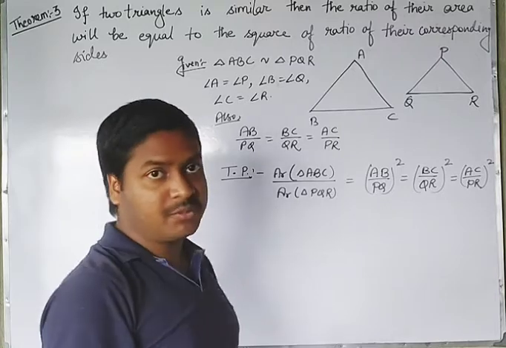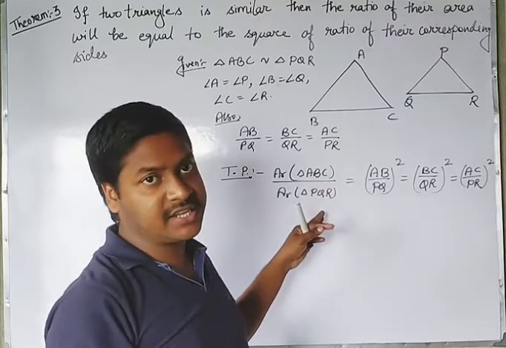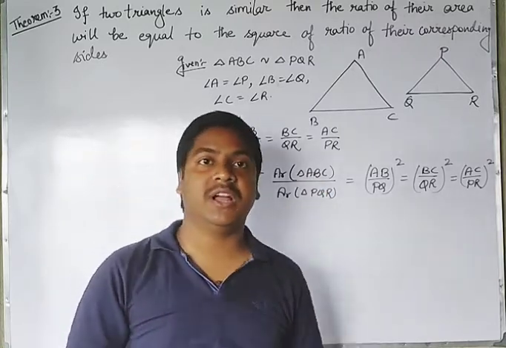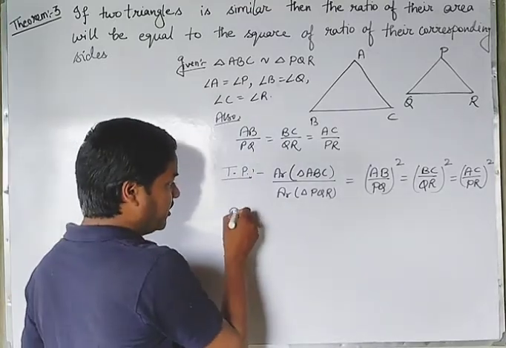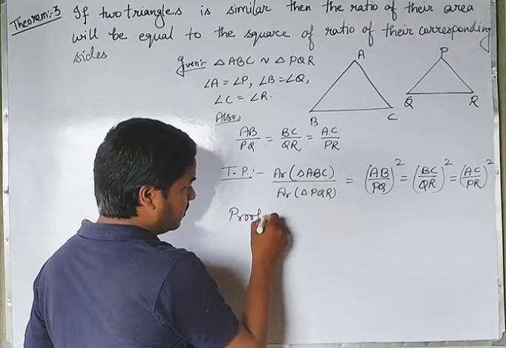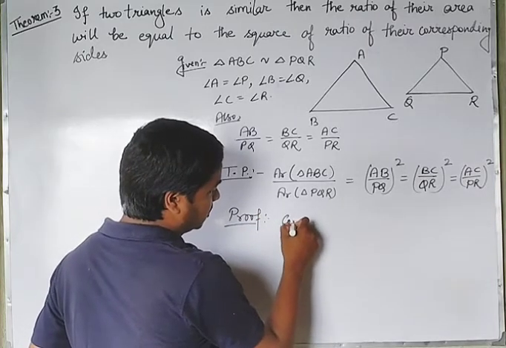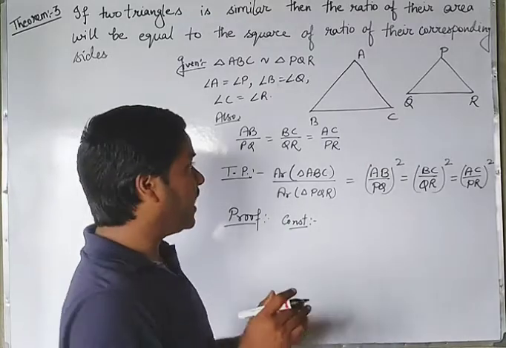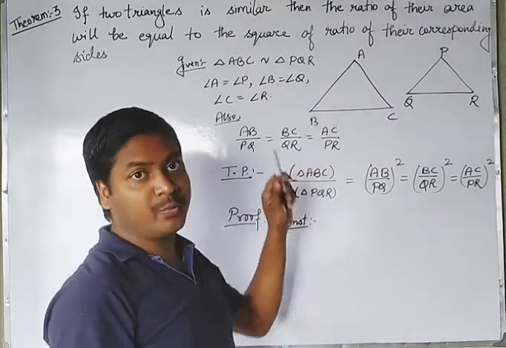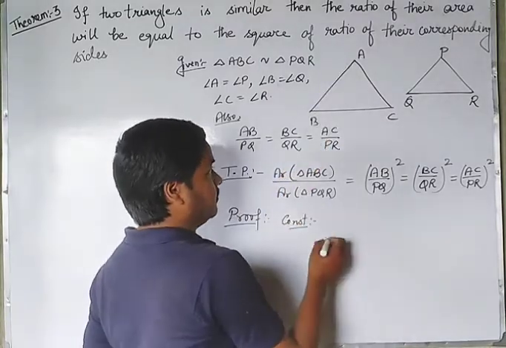In order to prove this one, since here it is area, we know the formula of area: half into base into height. So in the proof part, at first we will do one construction. What construction? We will draw two perpendiculars in both the triangles.